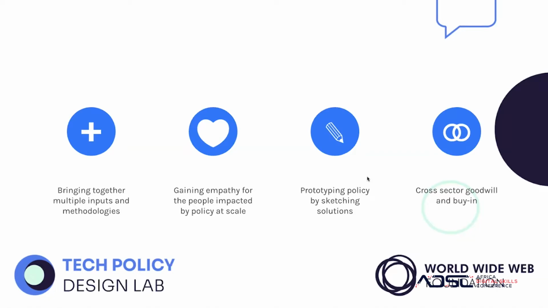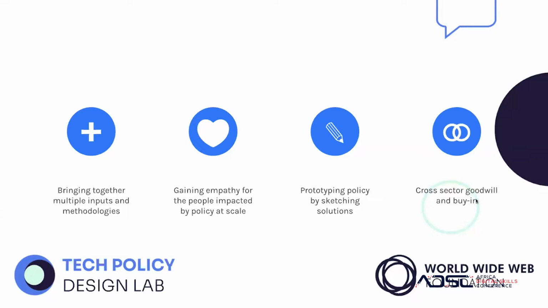So it's really, once again, reiterating, not about spending too much time on the problem, but thinking positively and in a constructive way about solutions. And the last, and, well, that's not the most important pillar. All of these pillars are equally important to keep any building up. All the pillars have to be the same height and structure. So the cross-sector goodwill and buy-in.